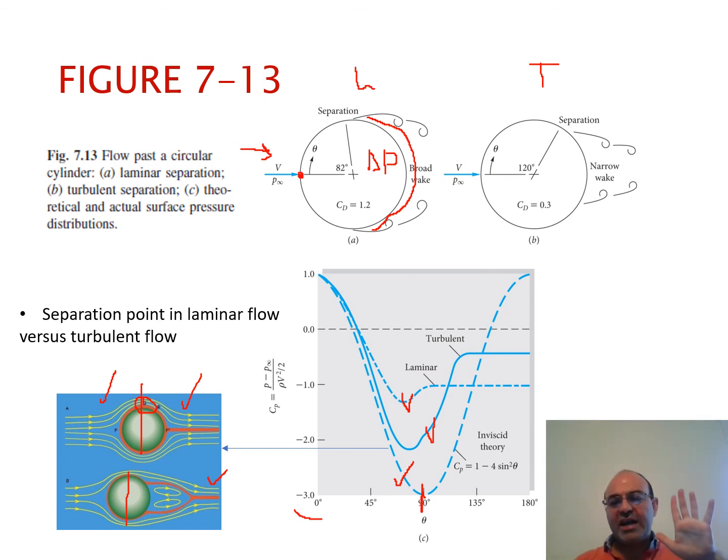Because it does have more energy, it can continue for a longer distance along the surface of this circular cylinder. So in this case, the wake will be a narrow wake. In this narrow wake, therefore, the delta P which is created will be smaller. There will probably be more friction drag in the case of turbulent, but the pressure drag will reduce.